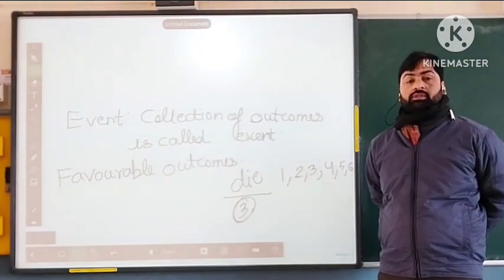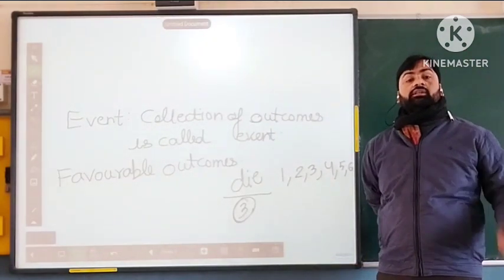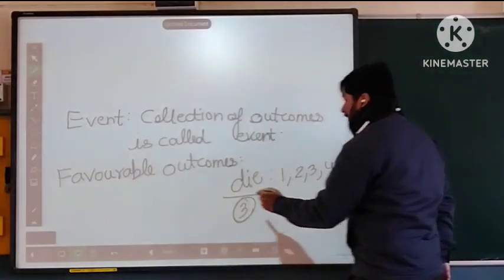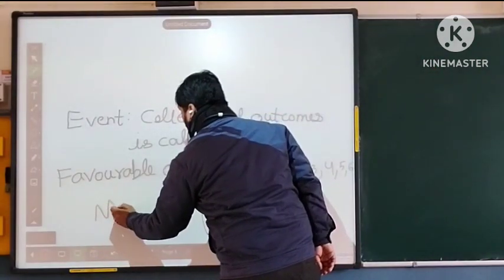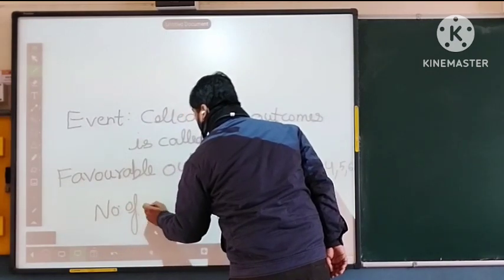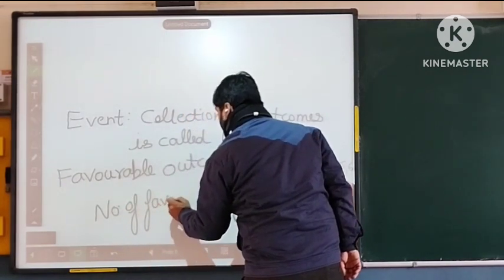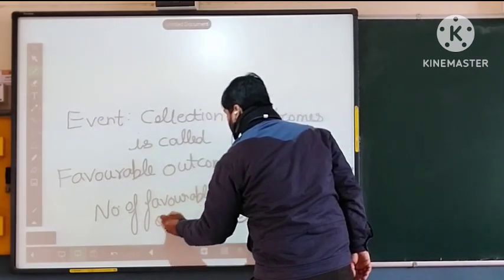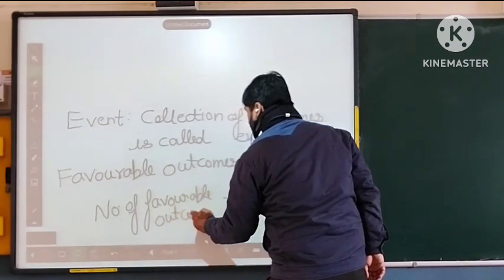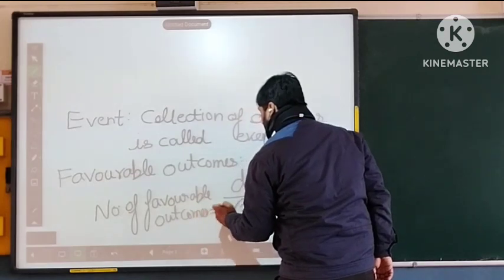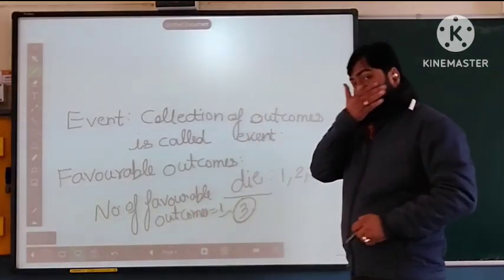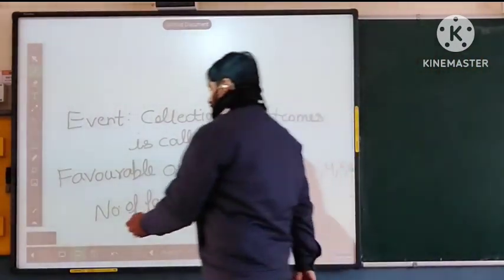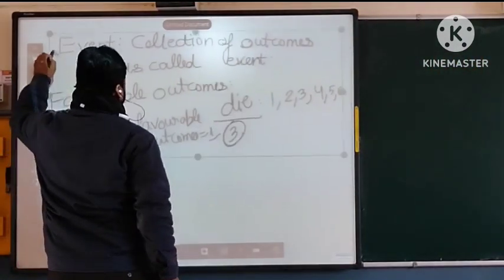Yes or no? So getting 3 in a single throw of a die is one outcome. So can I say here that the number of favorable outcomes, out of the total number of outcomes being 6, is what?